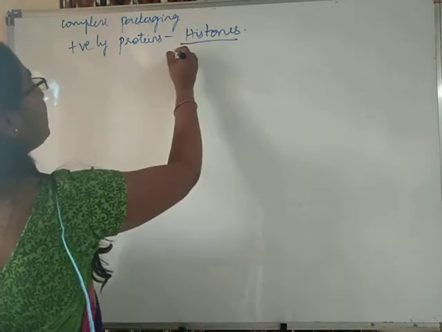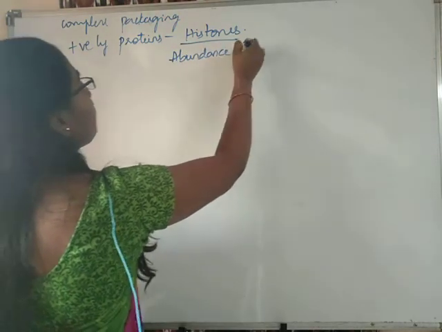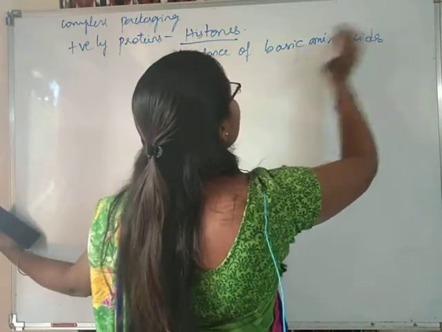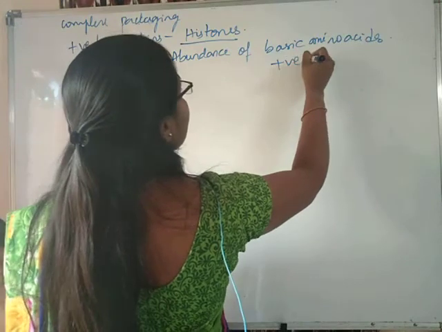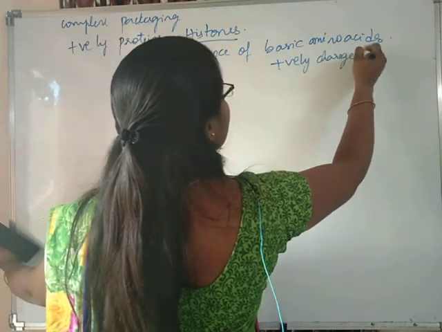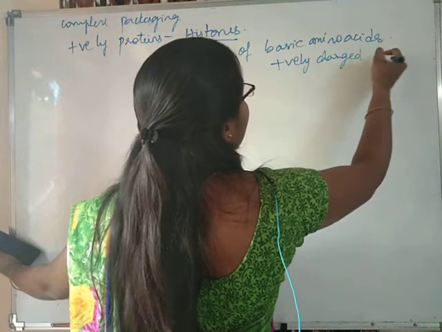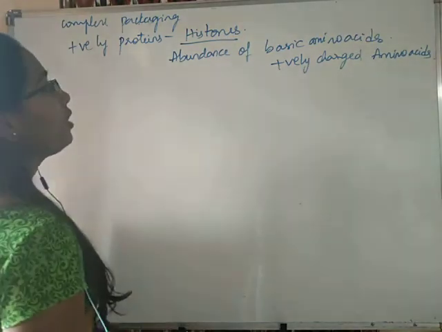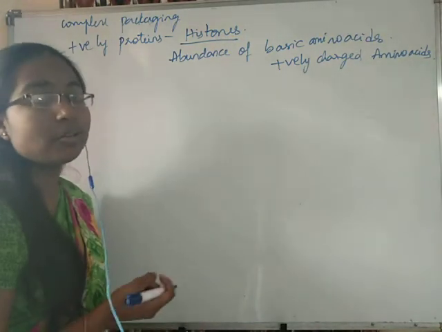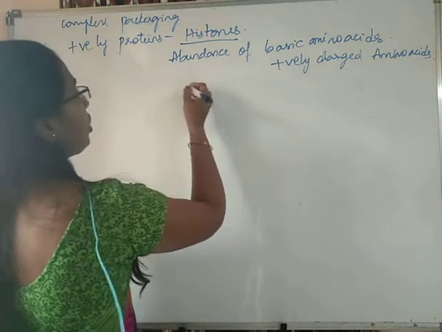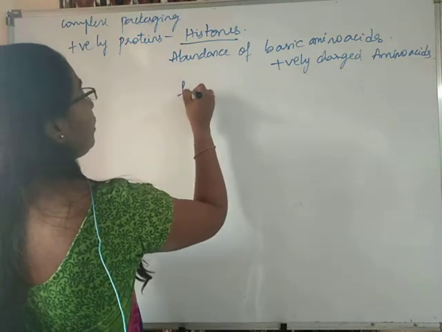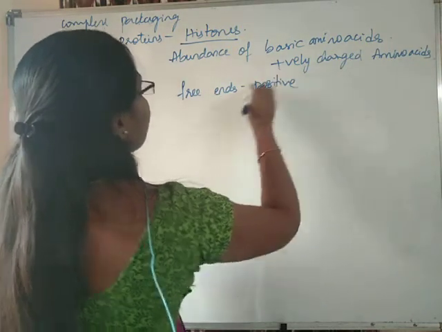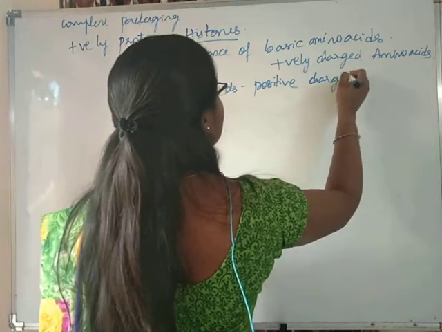These histone proteins have an abundance of basic amino acids, and basic amino acids are actually positively charged amino acids, because the free ends of these amino acids have positive charges.